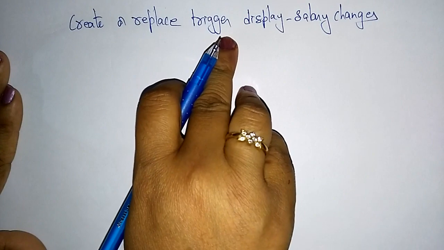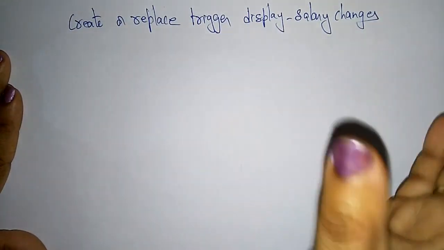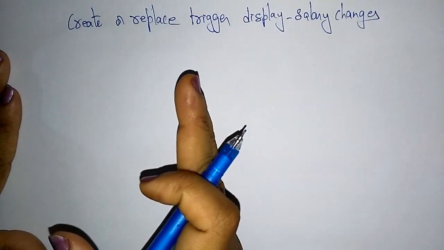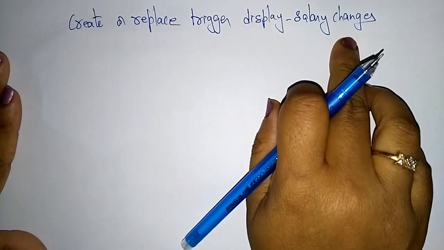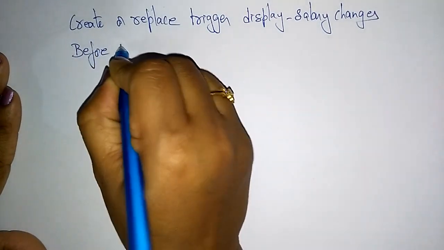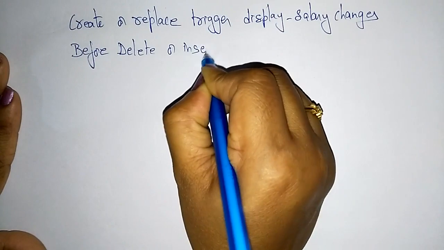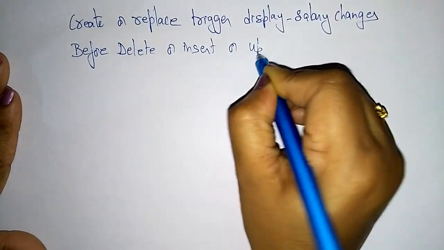Create or replace trigger display salary changes, means how much change they get from old to new. Display salary changes before deleting or inserting or update.